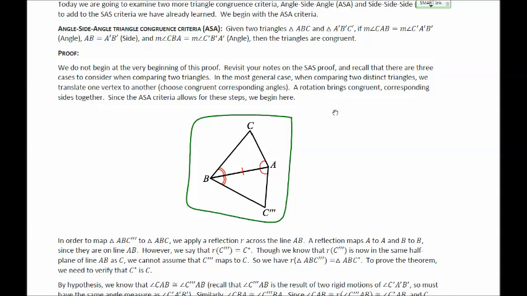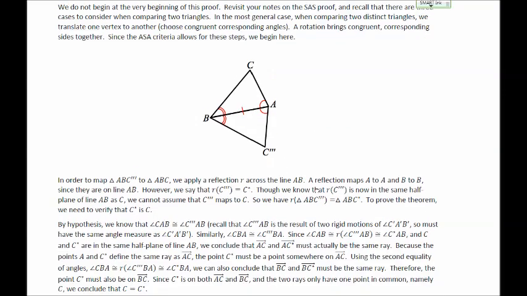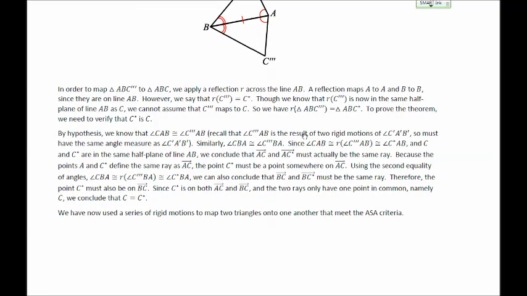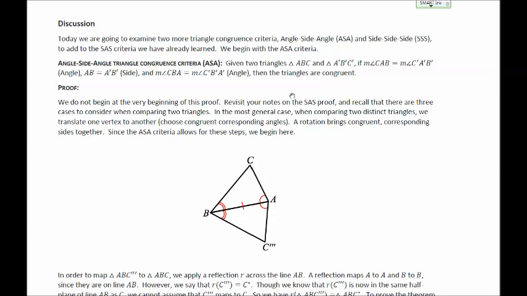And then their goal is to use a reflection over AB, and say, look, they're congruent. Now, they do go into a lot of detail with proving that C is equal to C triple prime, that I won't spend a lot of time with. But the proof is based on rigid motions and mapping ABC, or I should say ABC triple prime, onto C, and that will show the congruence.